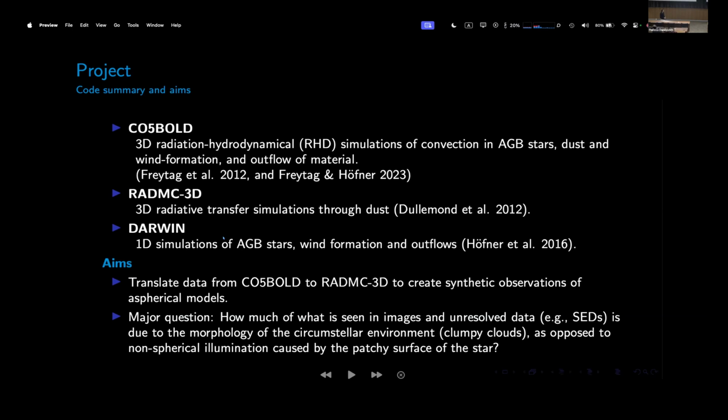The aims in my project are, well, we have many questions, like how well we predict mass loss and dust-driven winds, and how observable, detectable, and resolvable are these processes?